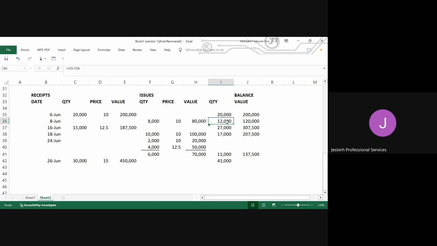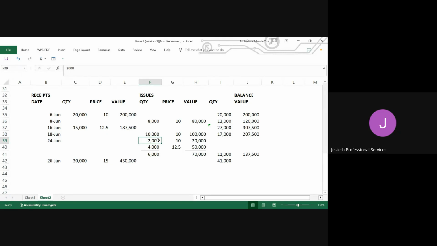Before we can issue out the total of these 6,000, we need to consider the remaining ones that we have left in the stock, the whole one, before the one purchased on the 16th. We still have 2,000 units remaining with the purchasing price per unit of 10 naira. We need to exhaust it. We need to make sure that we issue everything out before we now consider the new one.